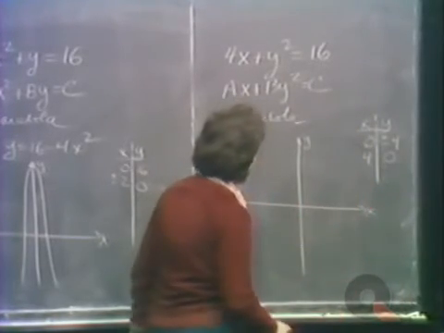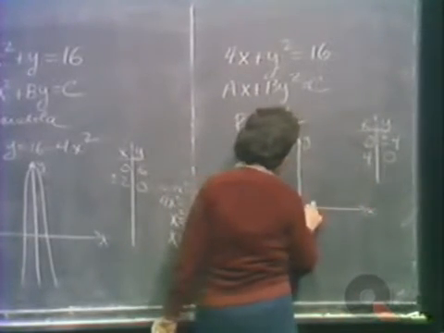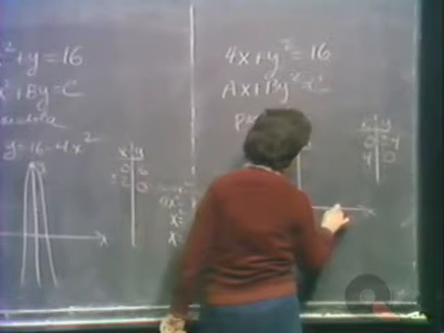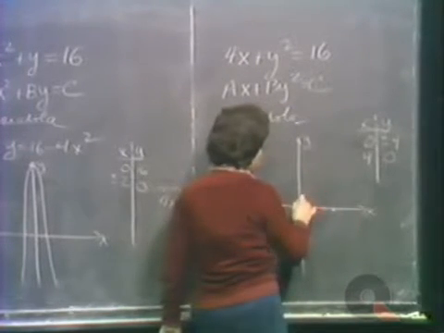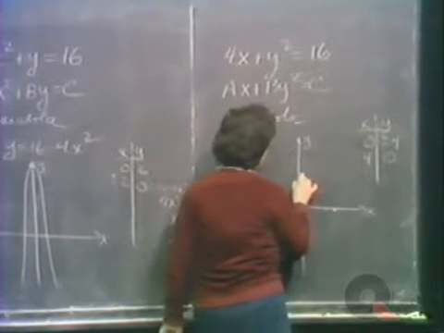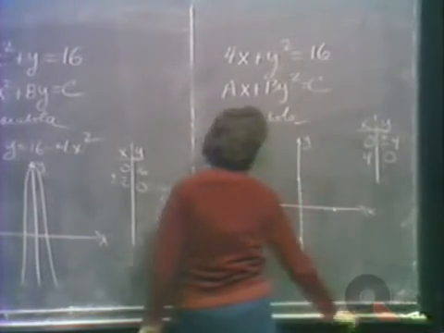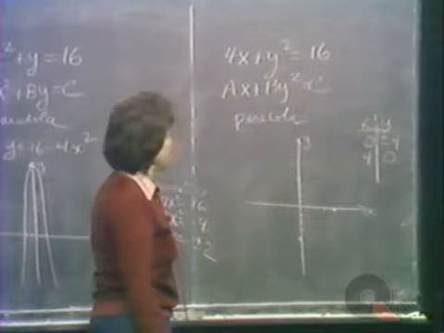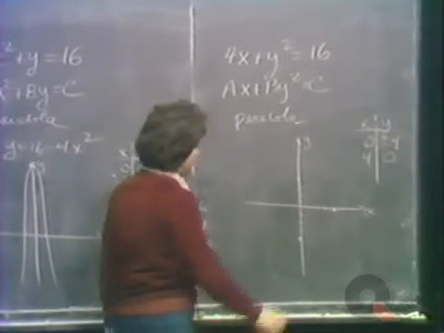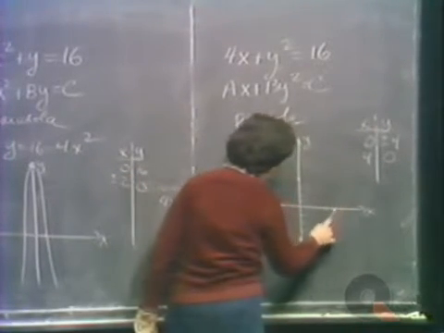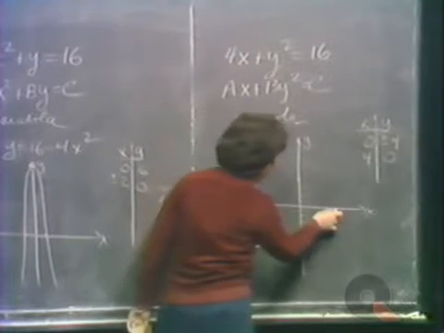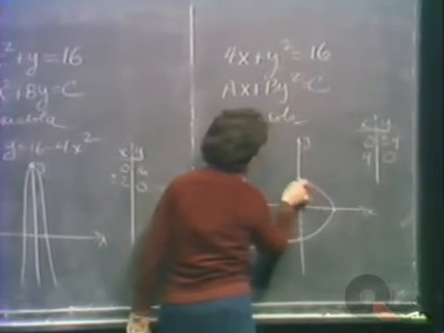So we have (4, 0), (0, 4), and (0, -4). It can also be shown that the vertex here is at (4, 0), and the parabola looks something like this.